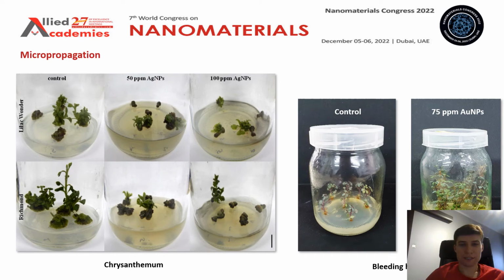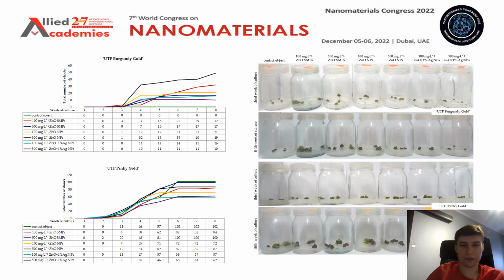And here, in this species, you can clearly see that the addition of gold nanoparticles at the concentration of 75 ppm stimulated the development of plantlets in comparison with the control. So here the effect was very positive, and with this species gold nanoparticles could be substituted instead of traditionally used plant growth regulators.